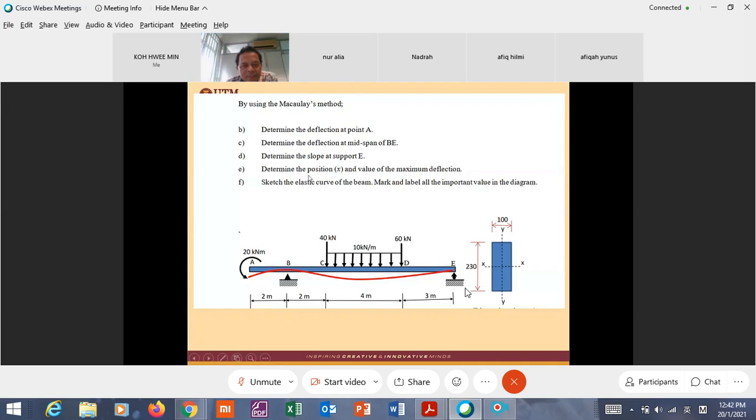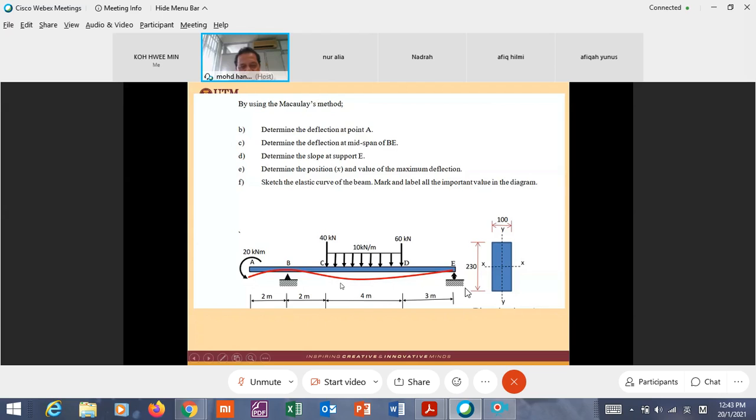In between B and E there is a point where the slope is equal to 0. I'm sure the point where the slope is equal to 0 is the point with maximum deflection.